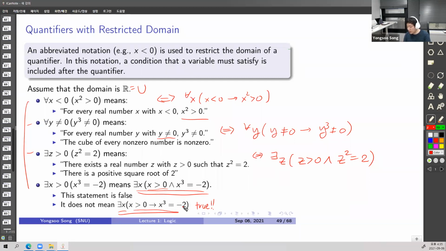And this is an implication, meaning that if the hypothesis is false, then the implication becomes true. So if x is negative, let's say -1, then the proposition inside of this existential quantifier becomes true. That's why this whole proposition becomes true.